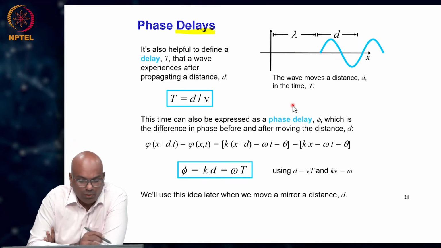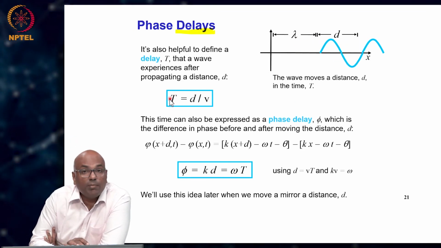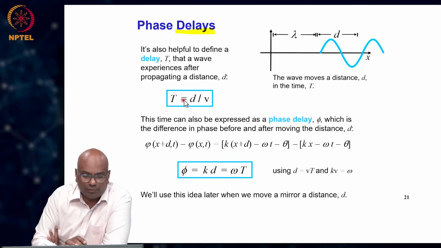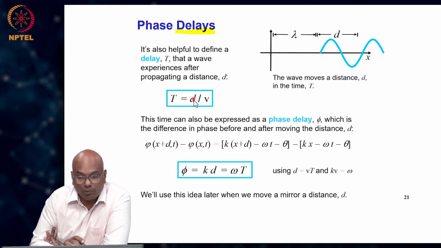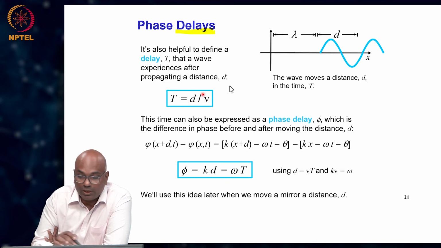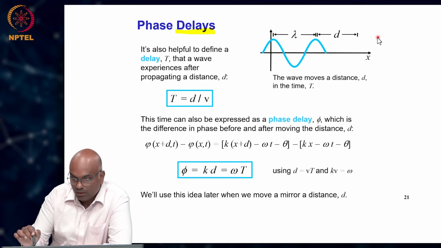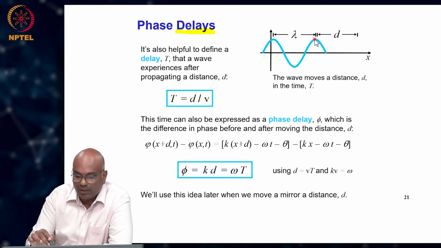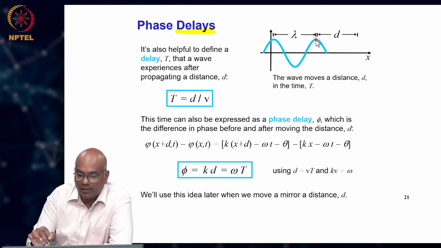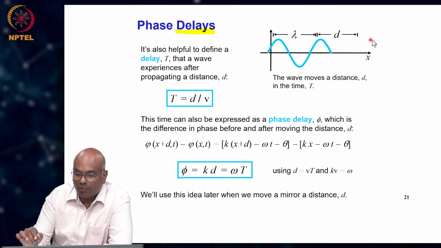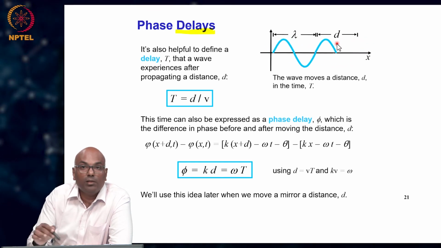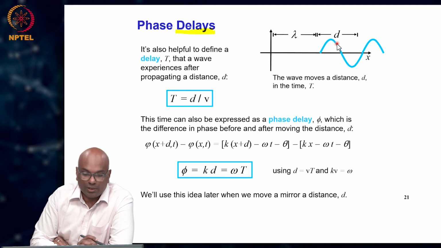All right. So now we can write down this time delay in terms of two quantities. One, the distance d that was traveled by any phase point. Let's pick, say, this maximum. This maximum has traveled from this location x all the way to this location, which are separated apart by d units in space.